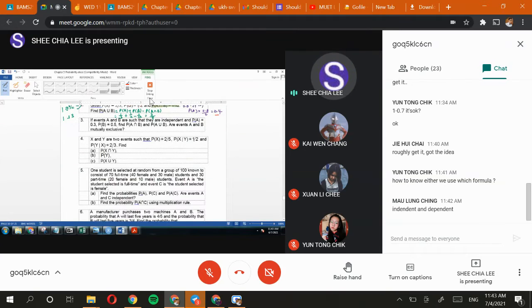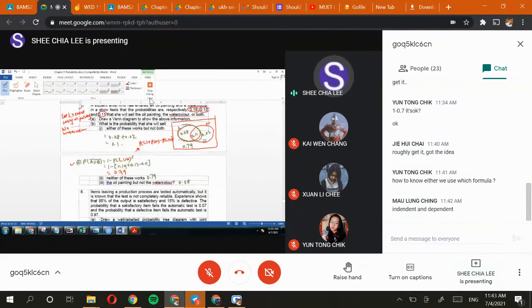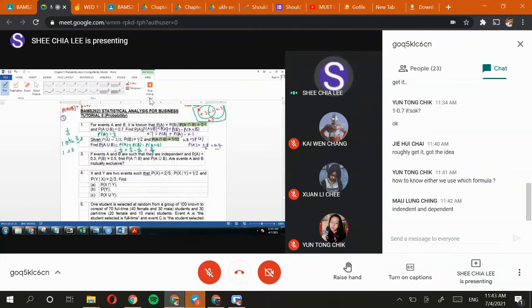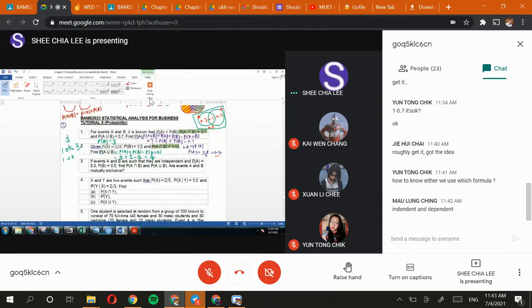Okay, so after question 7, we will be looking at question 3. For question 3, events A and B are independent. Independent I haven't introduced to you yet. This is another rule, the multiplication rule, which is not your addition rule anymore.